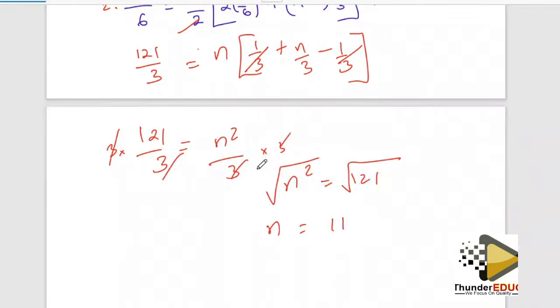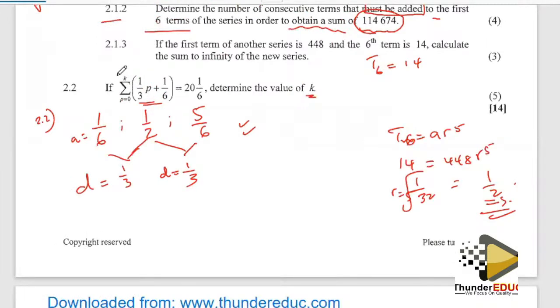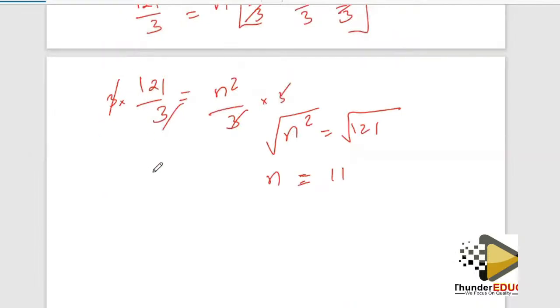Okay. So in this case, since n is 11, we have 11 terms altogether. But since we're starting from p equal to 0, then k cannot be 11, because 0 is also a term on its own, representing a position.